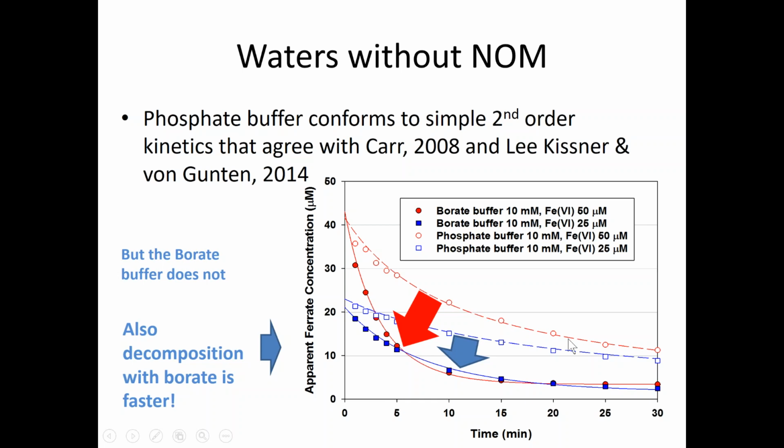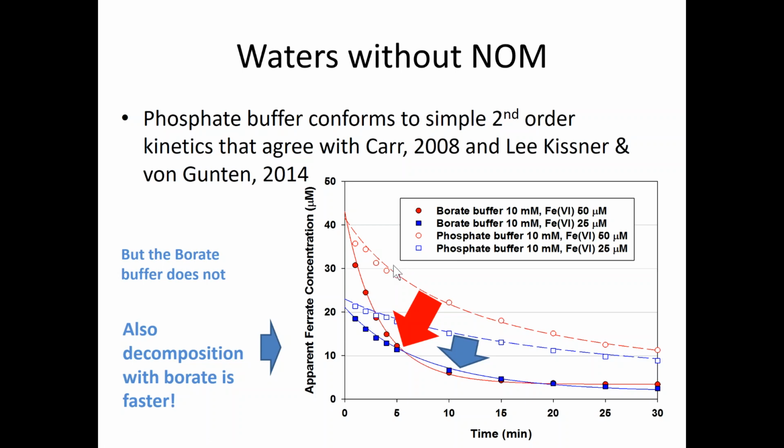If you look at this top line with the open red circles, we add 50 micromolar, which is a couple of milligrams per liter as iron of ferrate, a typical dose that you might use, to a water that has no organic matter in it. We were trying to make this very simple, and we buffered it with phosphate because pH is important, and you get a decomposition that looks like this. After half an hour, you have lost maybe 2/3 of the ferrate.